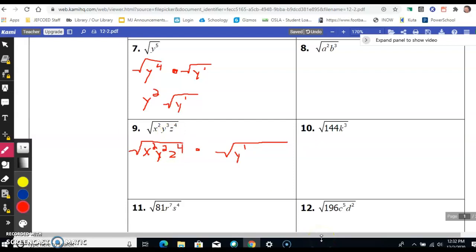So now we have one column that we can take the square root of, then we've got a column that we cannot take the square root of. All right, so square root of x squared is x. Square root of y squared is y. Square root of z to the 4th is z squared. And then all of this is multiplied by the square root of y.